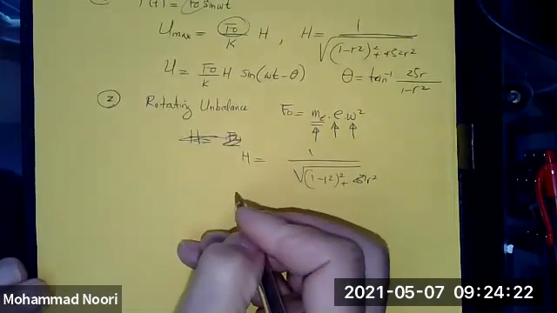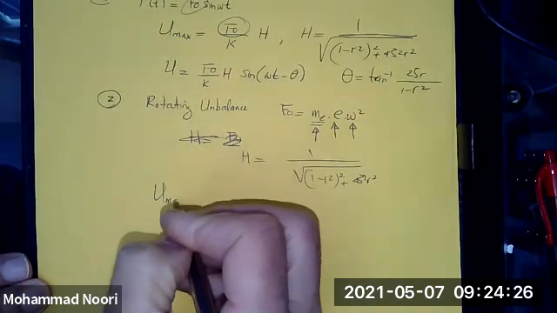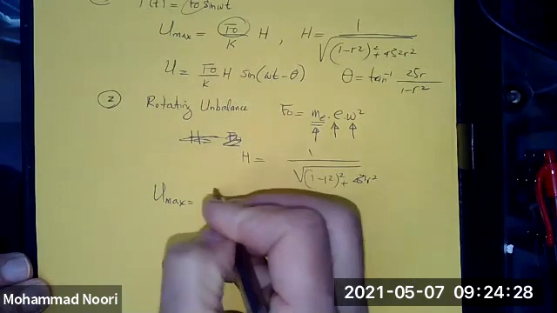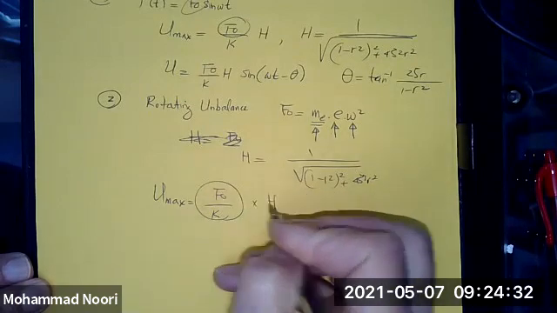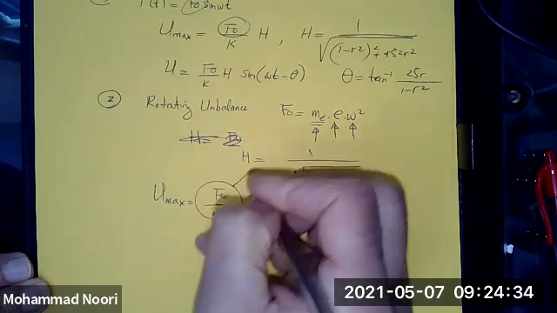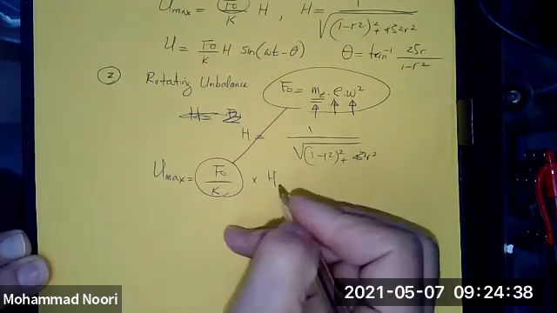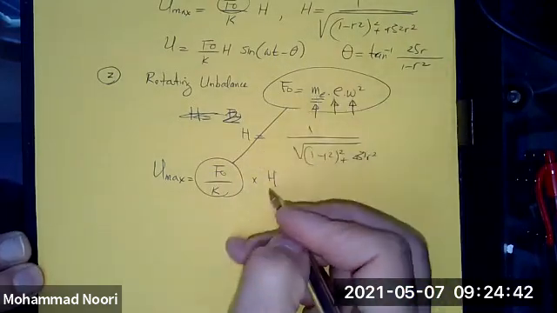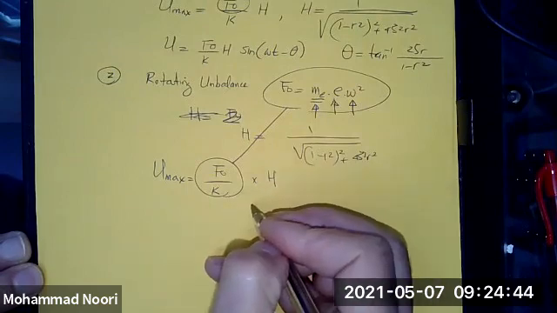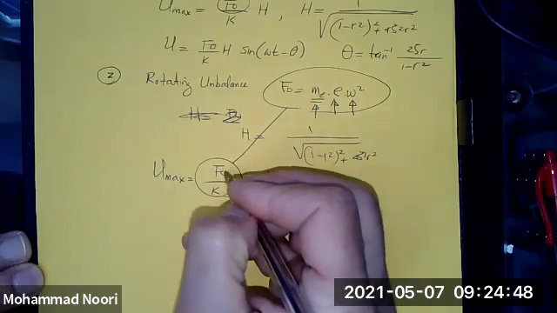So if you want to find maximum displacement, you can still write f0 over k times h, but f0, of course, in this case is that. And then we rewrote that to simplify it. We didn't like this form.